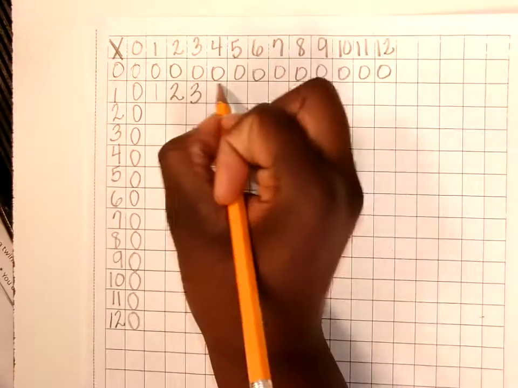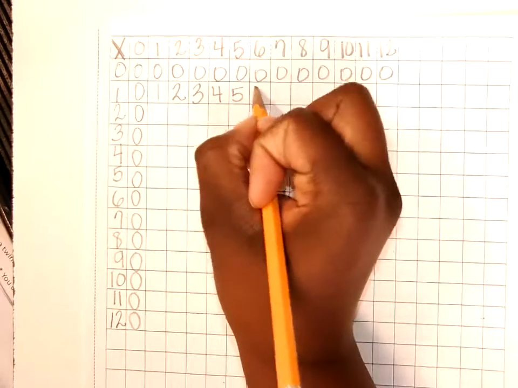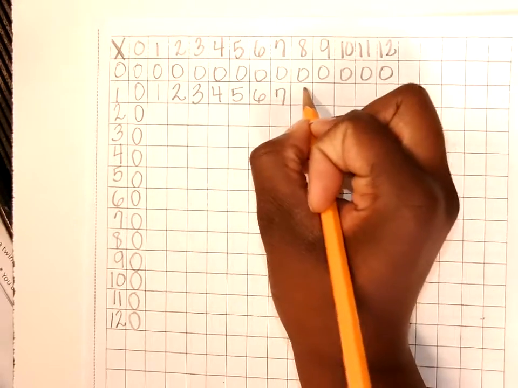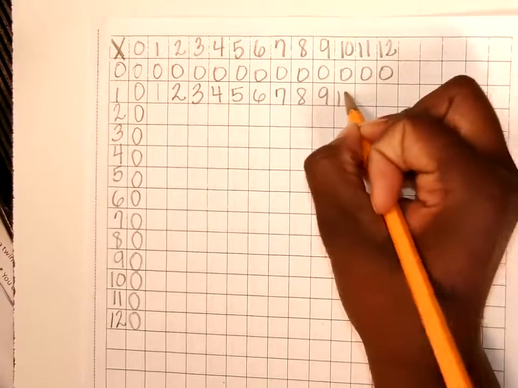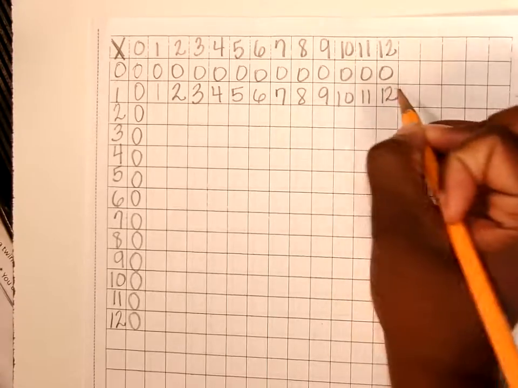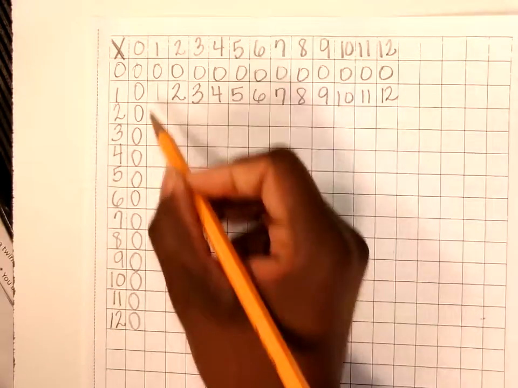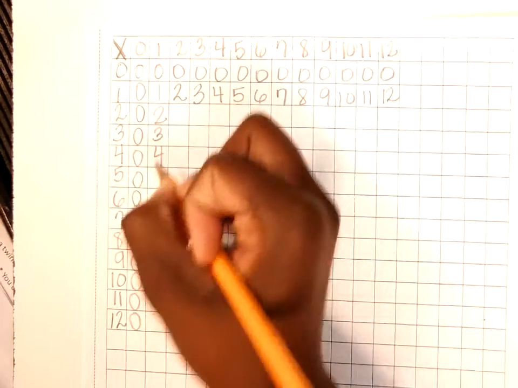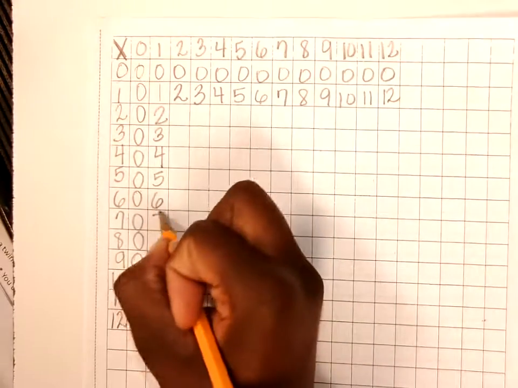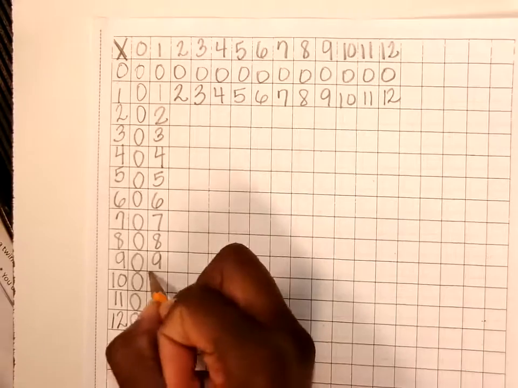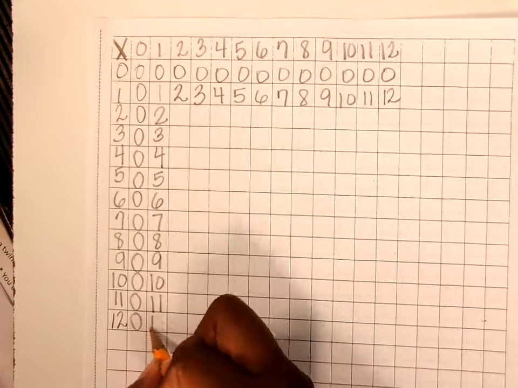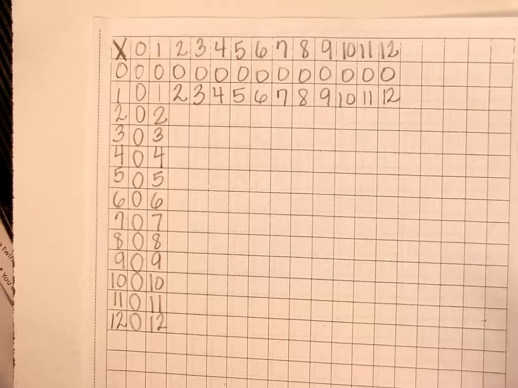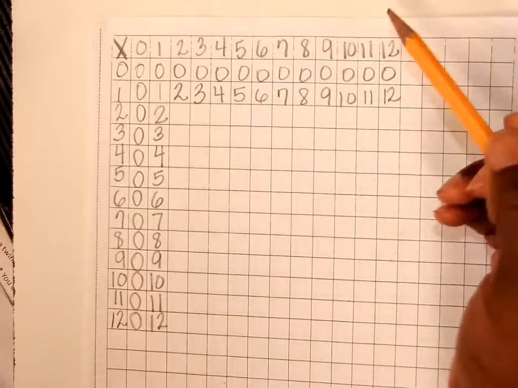I'm going to fill it in all the way up to 12. Horizontally, and then we go vertically. This is to help us learn the rules, and we're also getting used to our multiplication facts, alright?